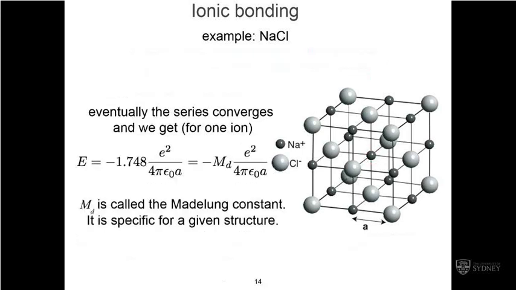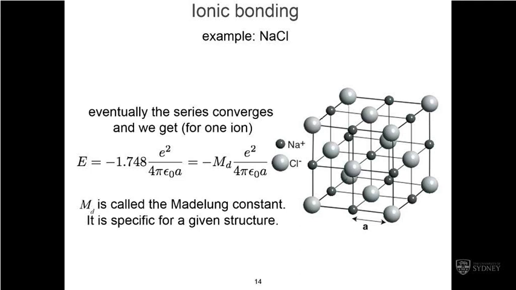Eventually the series converges, and for one ion, remember we were the sodium atom sitting at the middle, that number converges to minus 1.748, and that's a Coulomb interaction. This factor here, the 1.748, is called the Madelung constant.